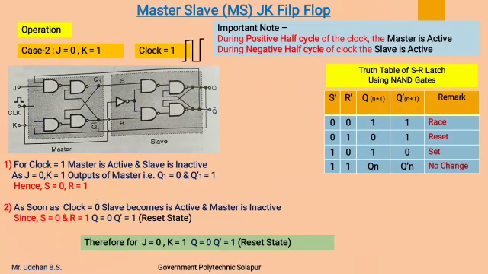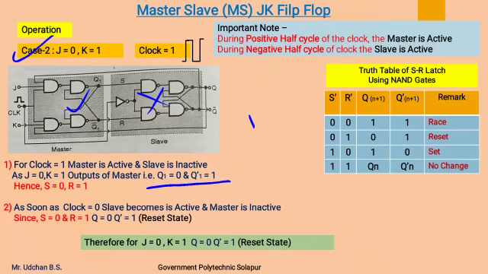Again, we will see the next case, that is the second case, in which the value of J is 0 and the value of K is 1. When the clock is 1, the master is active and the slave is inactive. As J is 0 and K is 1, the outputs of the master, Q1 and Q1 complement, will be 0 and 1 respectively.